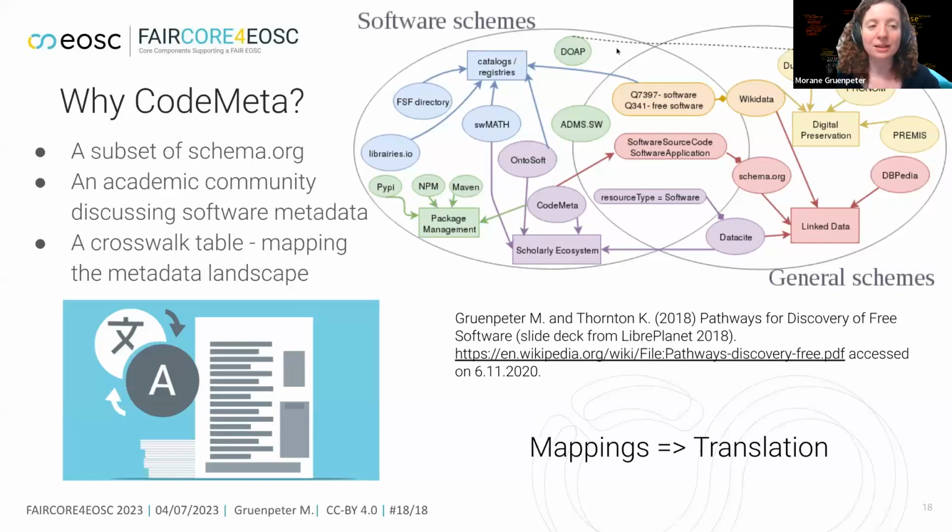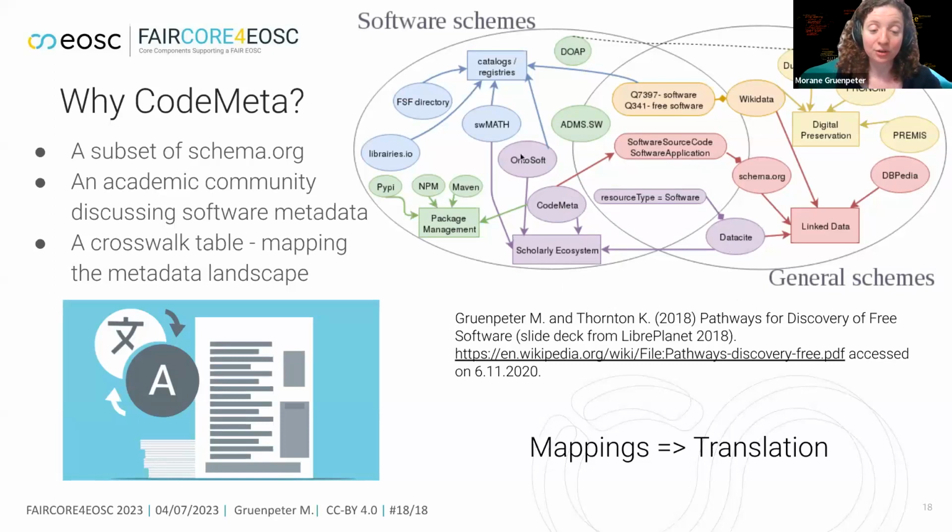You have software-specific schemes, which are vocabularies specifically for software. And there are some general schemes that also have the possibility to describe software. As you can see in schema.org, there are two classes, the software source code and the software application class, which are the ones that are subsetted by CodeMeta.